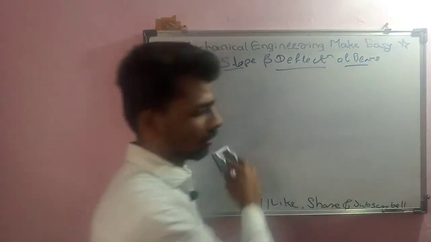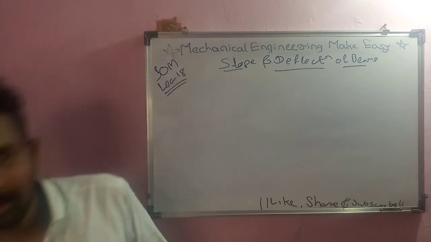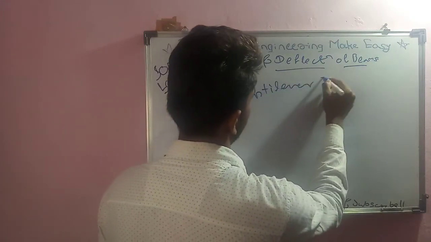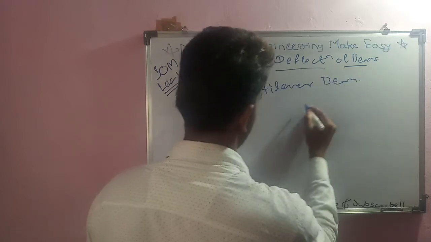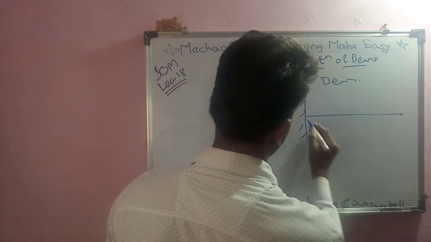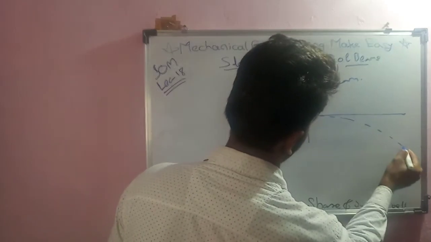Next case is the cantilever beam. How exactly is it? One end is fixed and the other end is free, so the curve will form likewise.